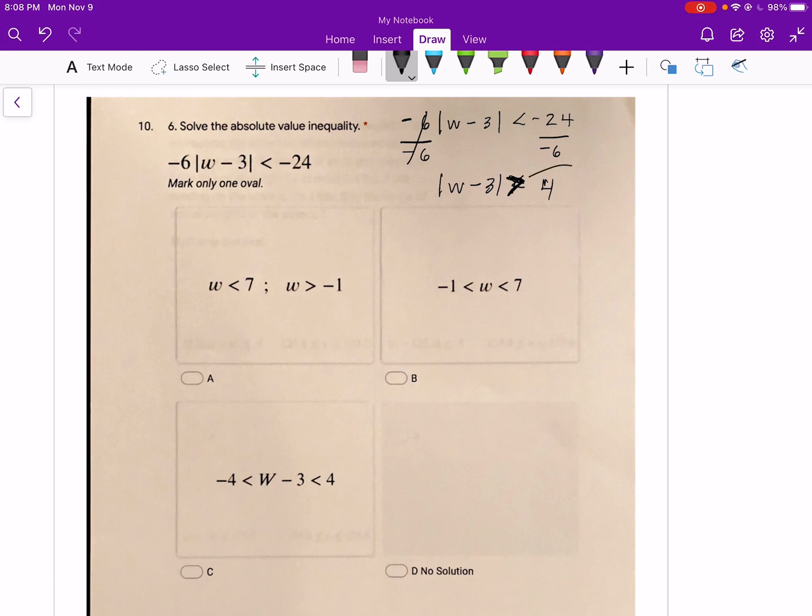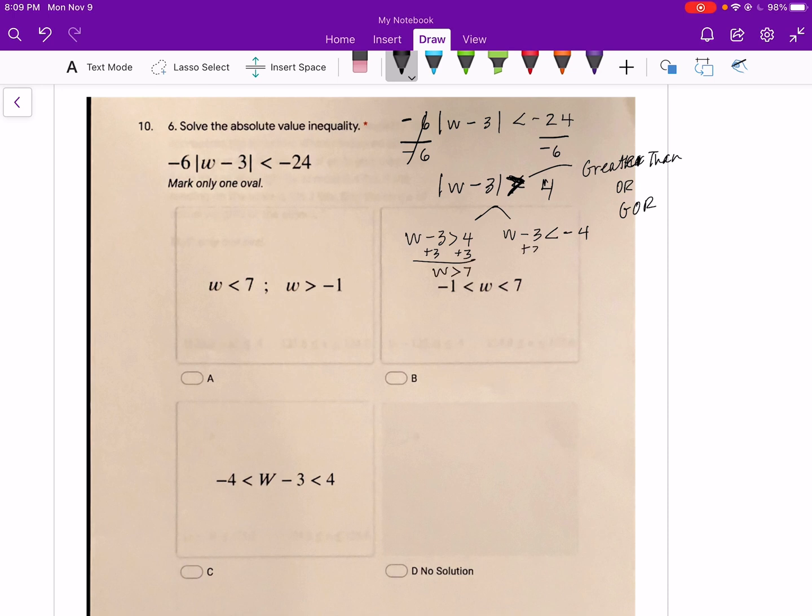So this makes this a greater than, and then that would be an or, a GOR. So I'm going to do W minus 3 is greater than 4, and then W minus 3 is less than -4. So now I'm going to add 3 to both sides, and W is greater than 7.